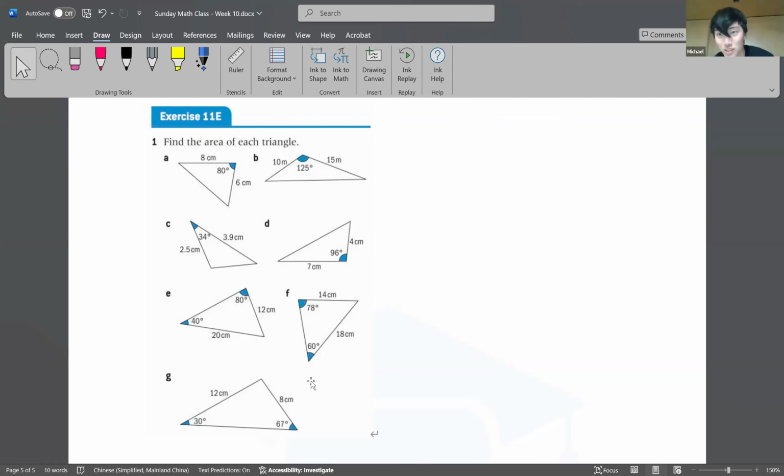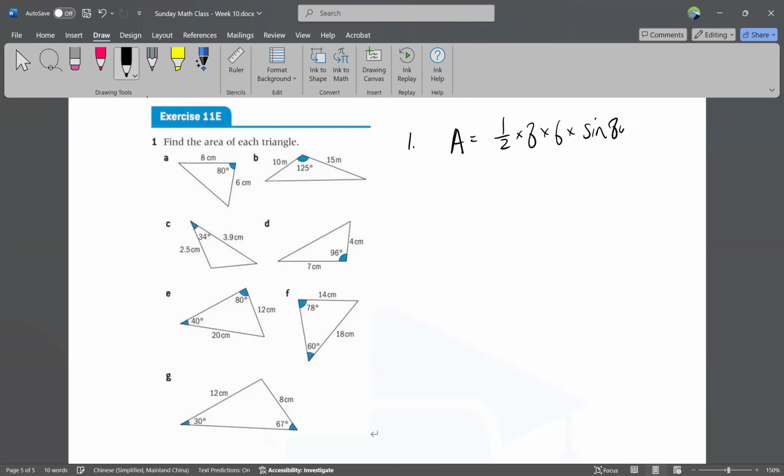You gotta simplify it to 24 sine 80. Okay, so this is like 24 sine 80. If you are interested, you can put it into a calculator and then find out what it is.